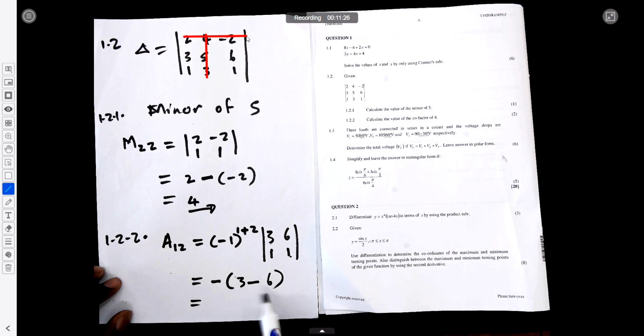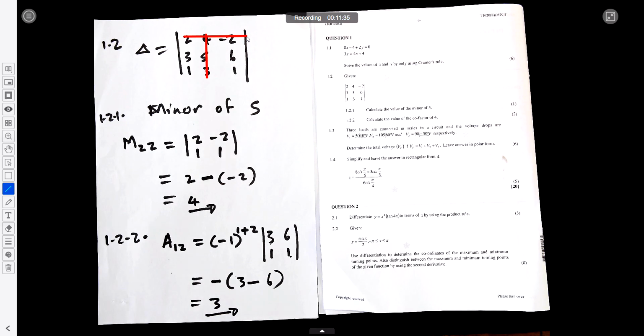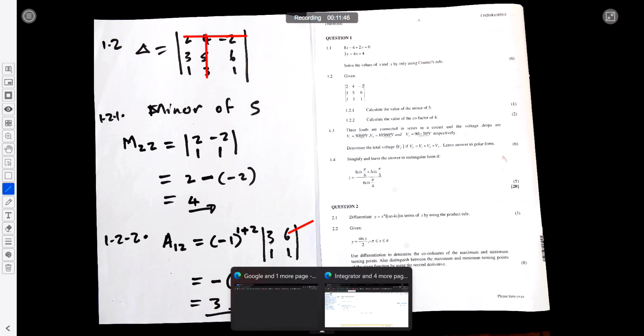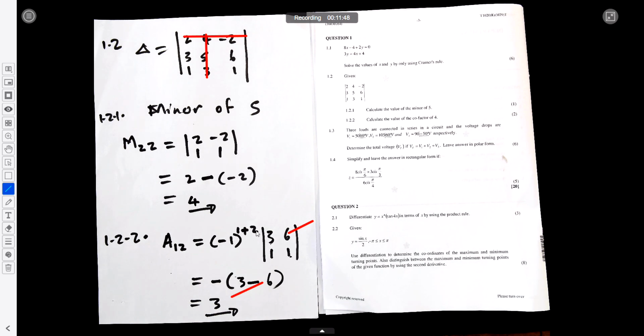So this is negative 3 times the negative 1, which is positive 3. So that is the cofactor of 4. You get a mark there for determining and deducing the cofactor. Easy peasy, lemon squeezy.